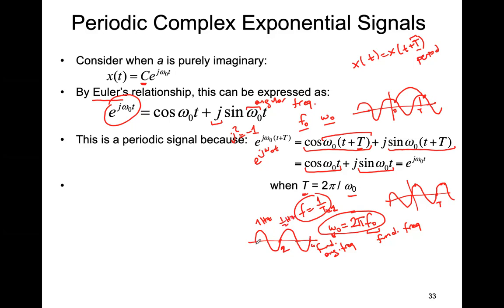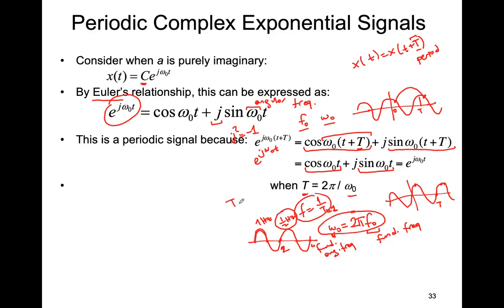What does it mean? The definition of frequency is the number of times that a signal repeats itself in 1 second. This is the definition of frequency. The number of times a signal completes its one period in 1 second. Because in 1 second it only comes to here, it can complete half of the whole signal. That's why it's called 1 over 2 hertz.